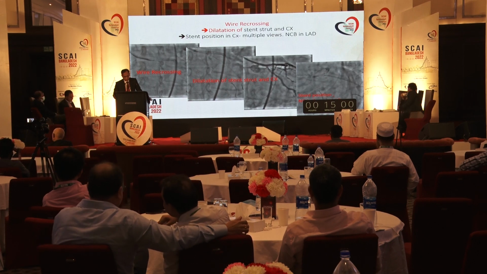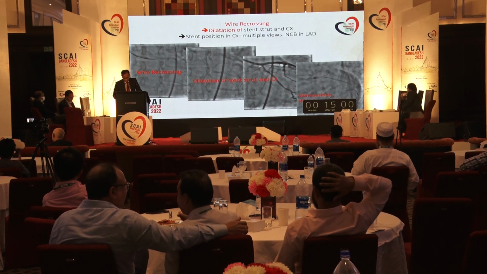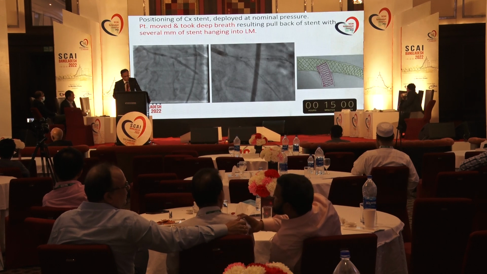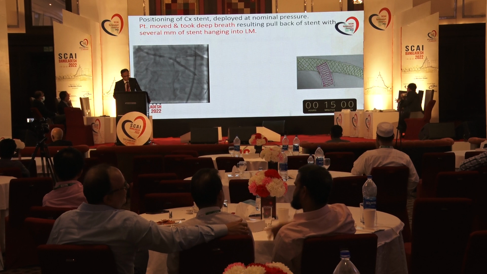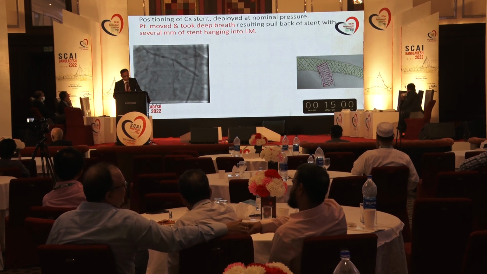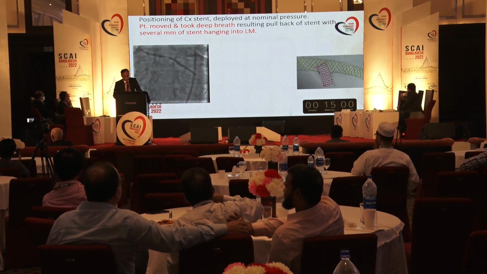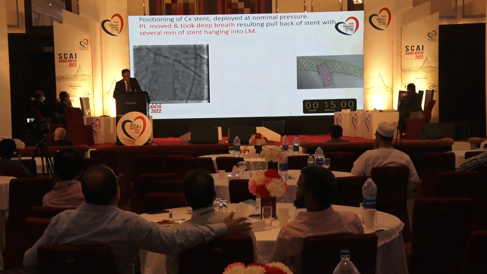Just to do the POT, about one strut was hanging in the left main. Stent position was initially good, but when the stent was deployed, at that time the patient moved, took a deep breath, resulting in a huge pullback of the stent within the left main, about 3 to 4 millimeters.